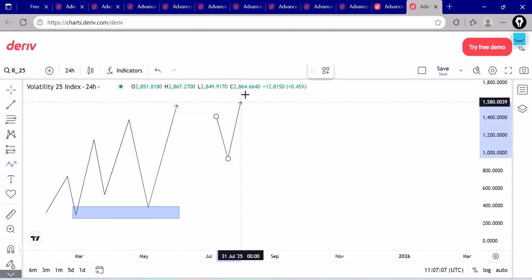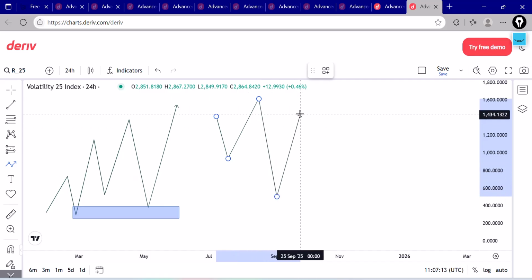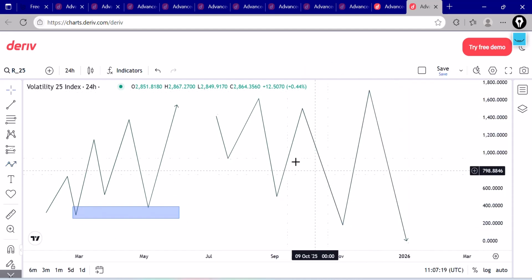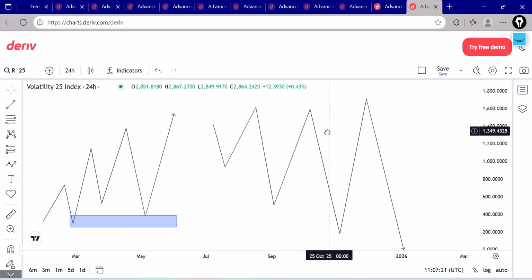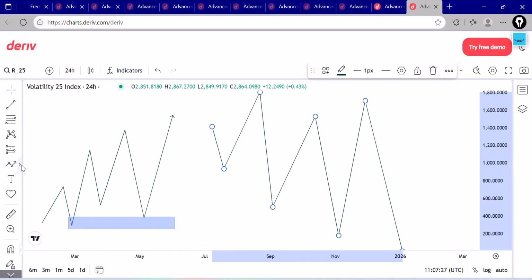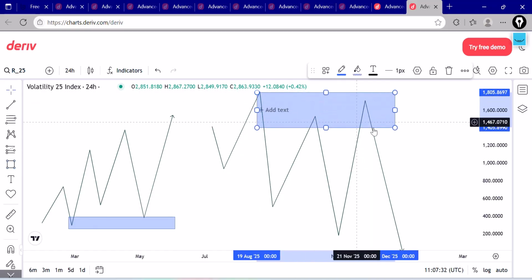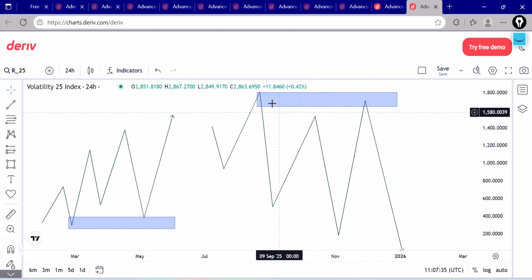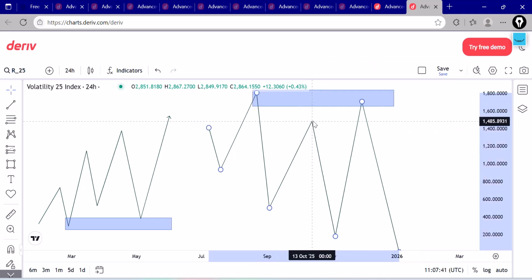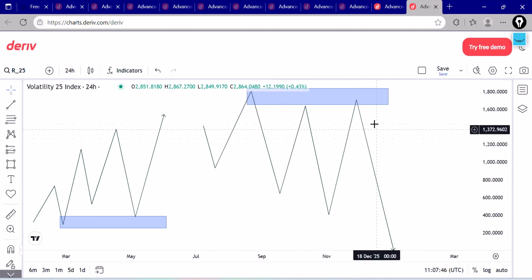So if I have price something like this, all right, if I have this kind of setup, so we saw what's happening here.